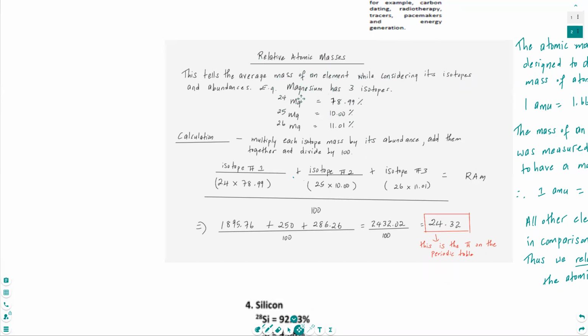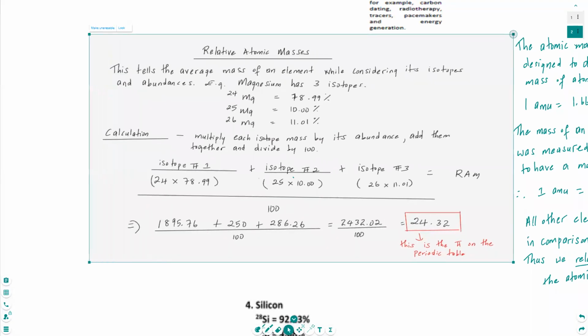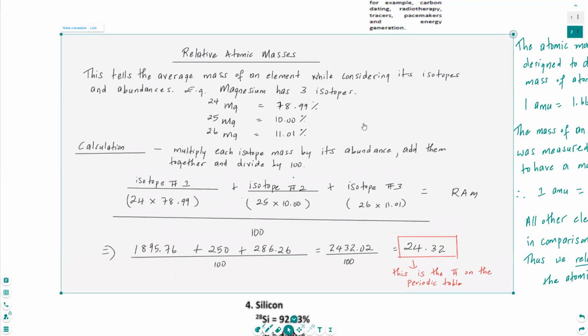All right, so elements have different isotopes. Well, remember we did say before that the identity of an element is really dependent on how many protons you have. So in the case here of magnesium, right, we have different isotopes of magnesium, and they are all magnesium because they all have the same number of protons.